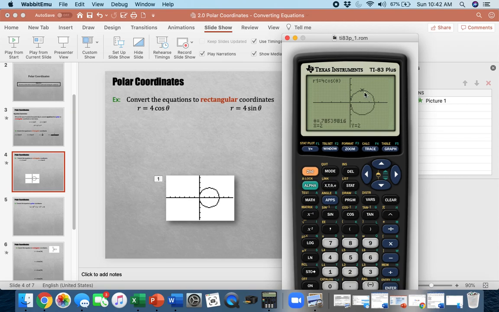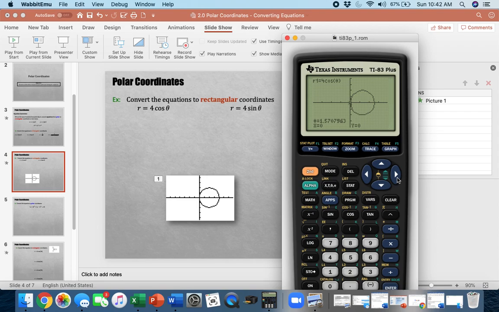So this is a common misconception with looking at a rectangular graph, right? And there are some similarities, but you do have to be careful. Look at x and y. X and y is 2 comma 2. That's at a 45-degree angle. The theta is pi over 4. Pi over 2 is over here, isn't it? When I hit trace, theta is pi divided by 2, 1.57-ish.